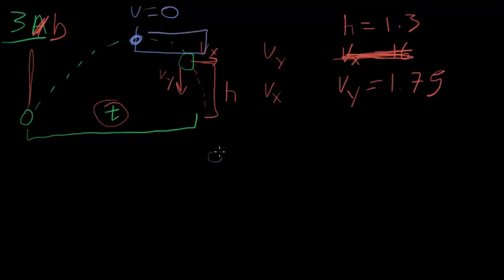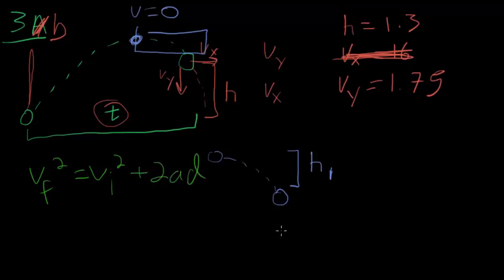So this is our apex, and then it falls down, and then we got the ball here. I want to find out what this height is, and I'm going to label this height h1. The other one is just height h. In order to find how far the ball goes, we can use the formula vf squared equals vi squared plus 2ad.